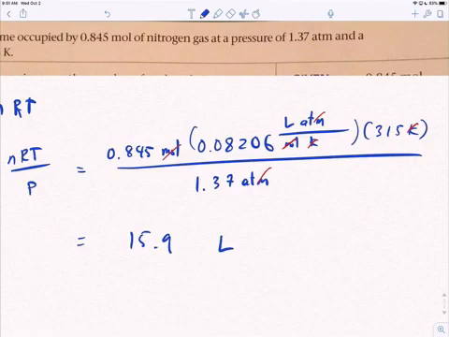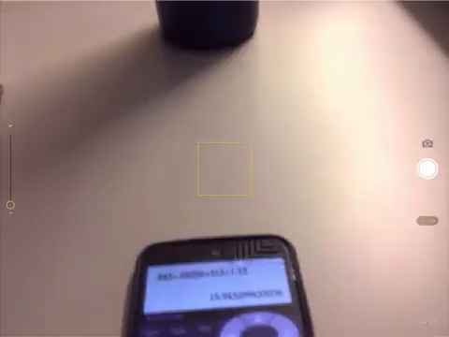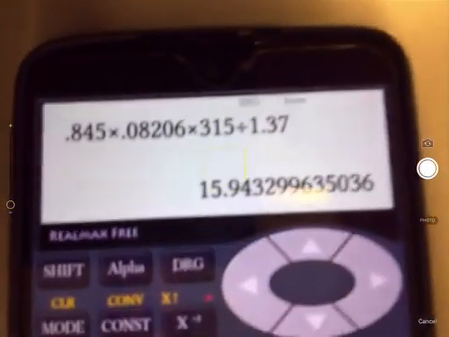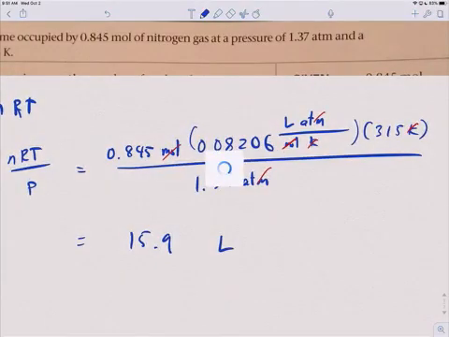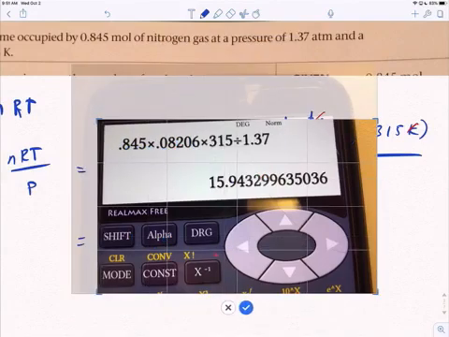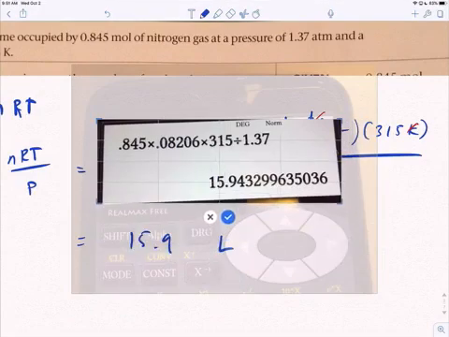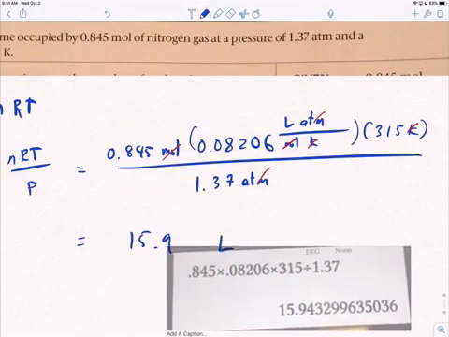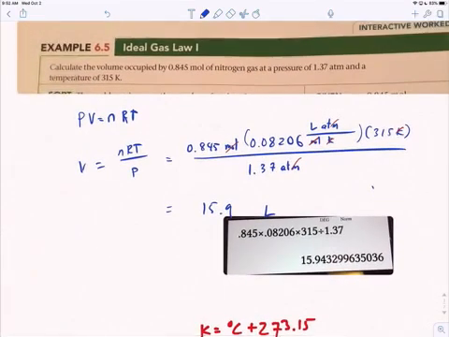Oh, that's right, I can't use my Apple Pencil on my Android phone. And there's the calculator. So 15.9.